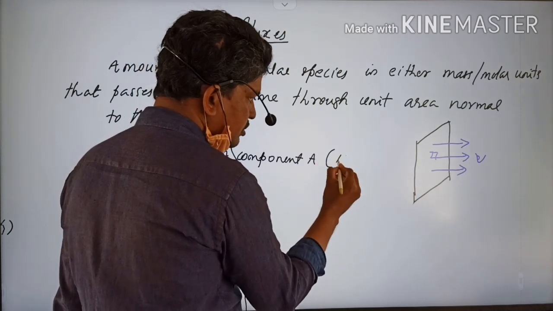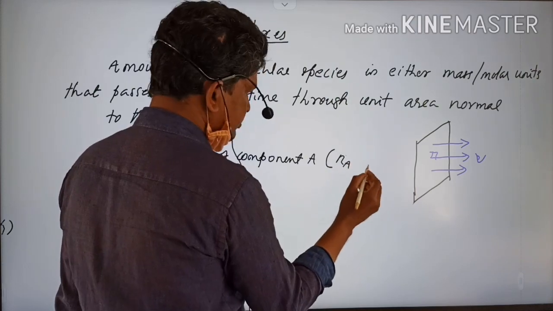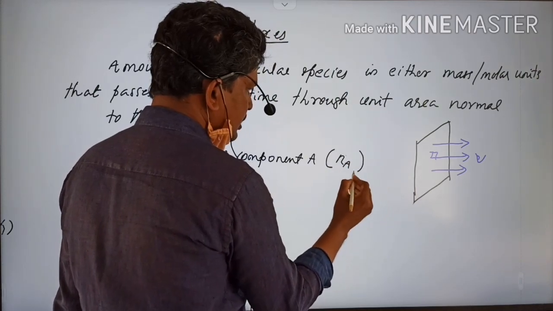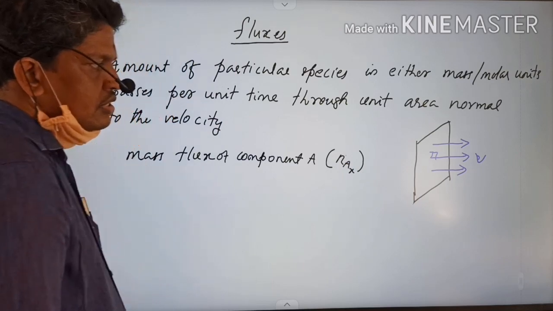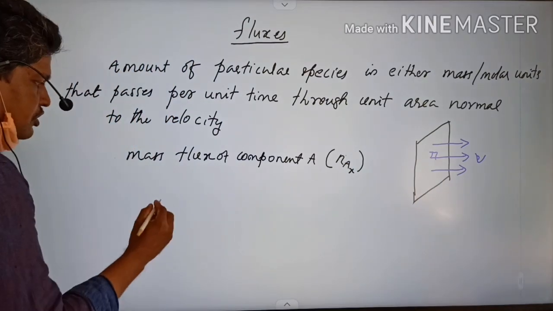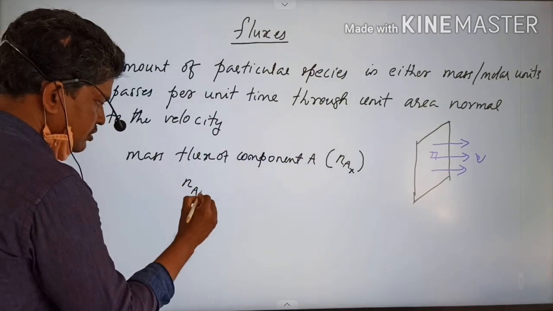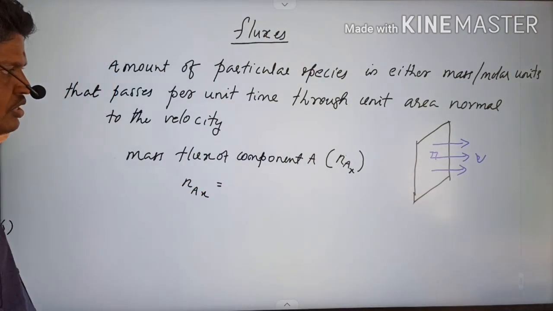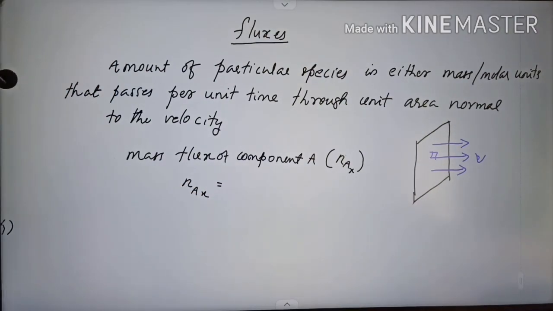That is nAx in the x direction, which is equal to the mass flow rate per unit area.